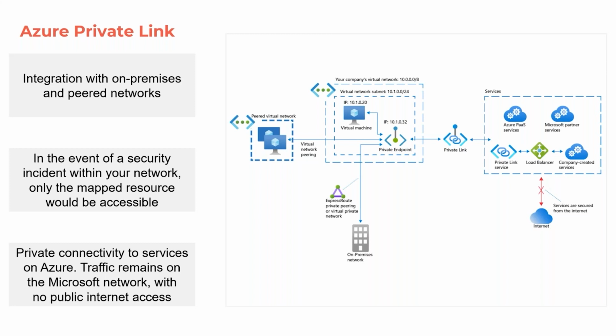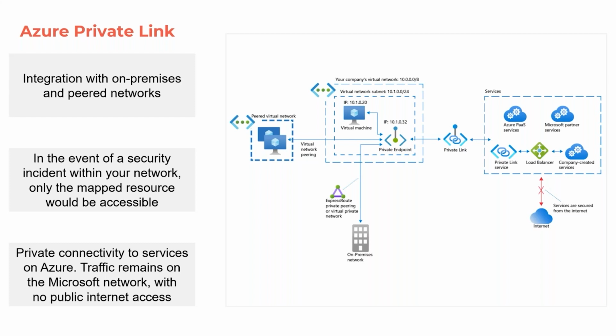We can connect to on-premises and peer networks, so via ExpressRoute or VPN or peered networking, and of course it's globally reachable, so we can in fact connect privately to services that are running in other regions as well, so they don't have to be in the same one.